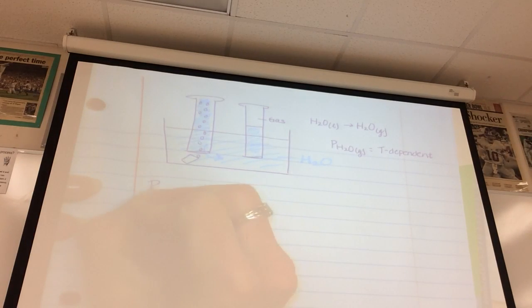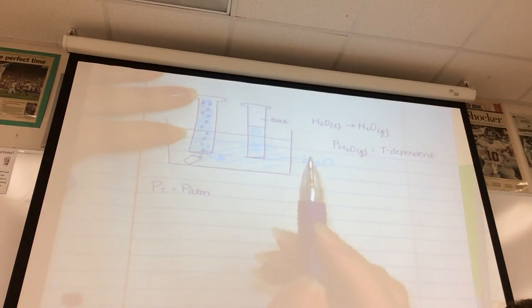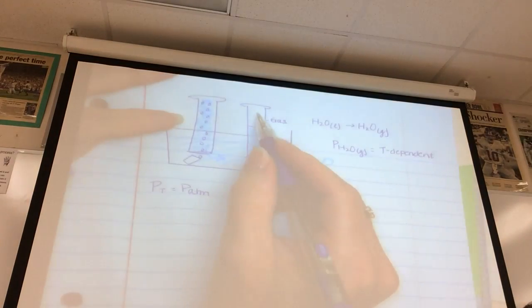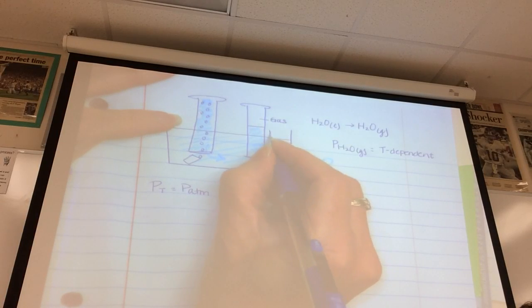The total pressure is equal to the pressure of the atmosphere, that is barometric pressure, which we'll look up on Thursday, if the water levels are the same at the end. So at the very end, you will move this graduated cylinder down so that this water level is the same as this.